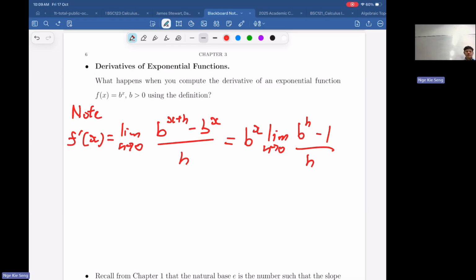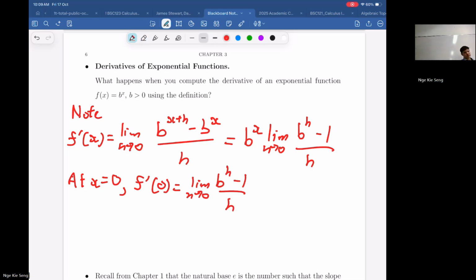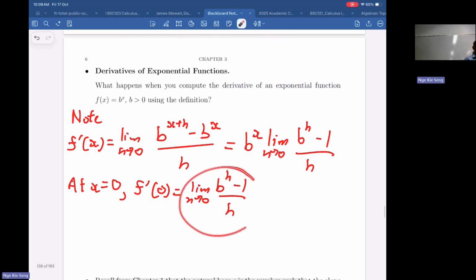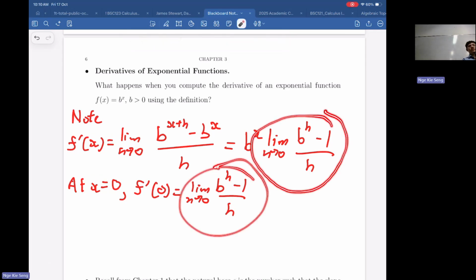Seems a bit complicated, but let's say I fix my point at 0. What happens at f prime 0 here? This limit is basically just b to the h minus 1 over h. So this is very nice. What I mean by very nice is that if this limit exists, then at all points this limit also exists, and you can just multiply this limit by your b to the x.